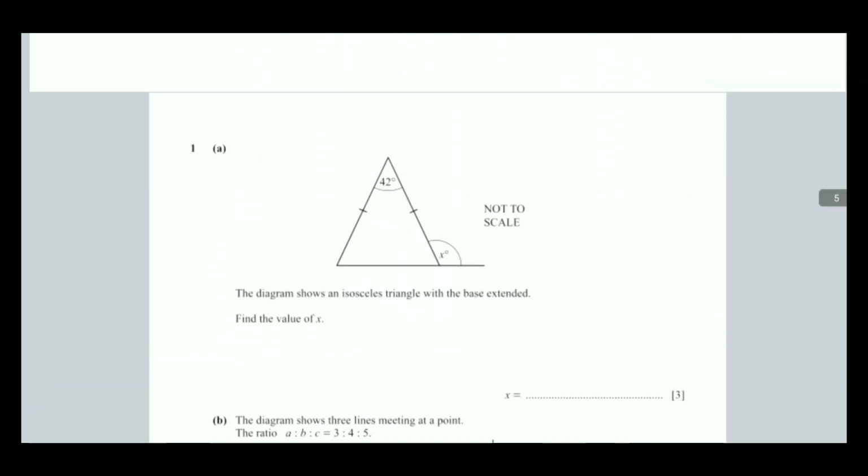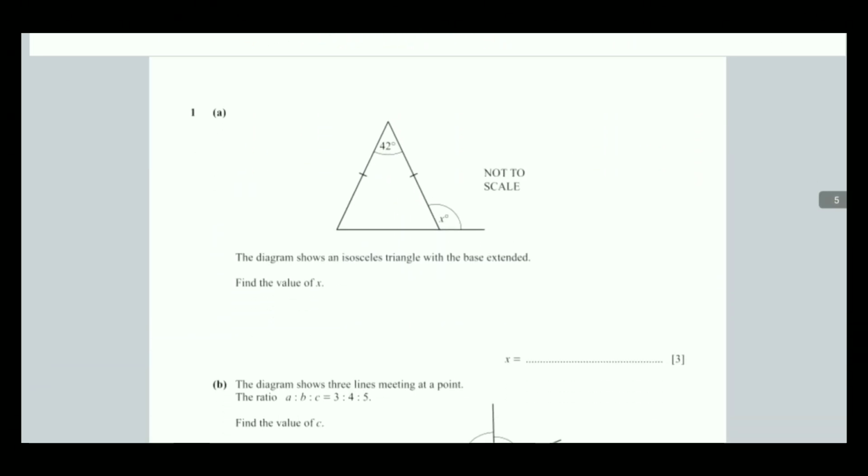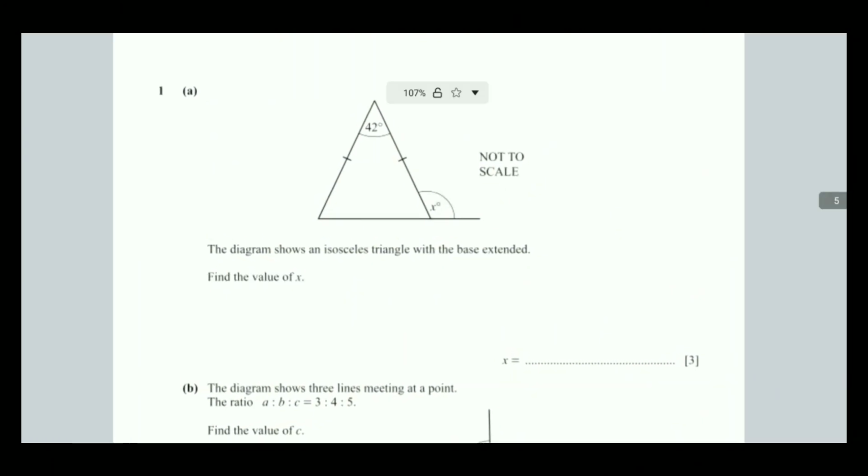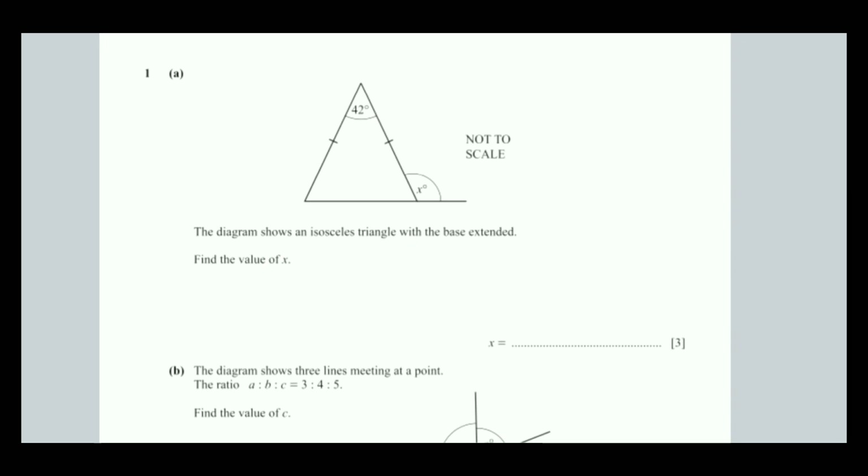So the next question is about angles. The diagram shows an isosceles triangle with the base extended. Find the value of x. A very simple question. As you know, the base angles of an isosceles triangle are the same. If this is y, this will also be y. First of all we will find y and then we will find x. So how to find y?